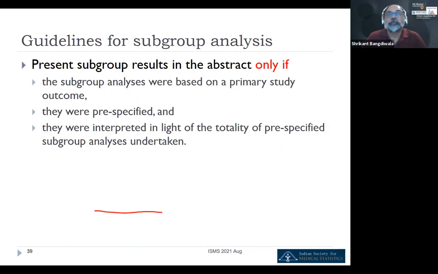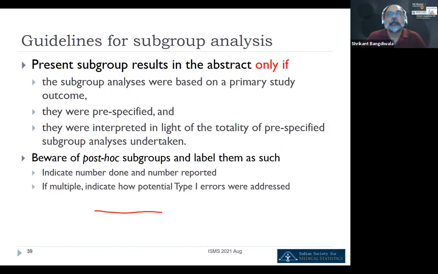So guidelines for this, you have to interpret them in light of the totality of pre-specified subgroup analysis, because you probably have done multiple of these, okay? And if you've done them post hoc, you should label them and address the multiple comparisons issue, okay?